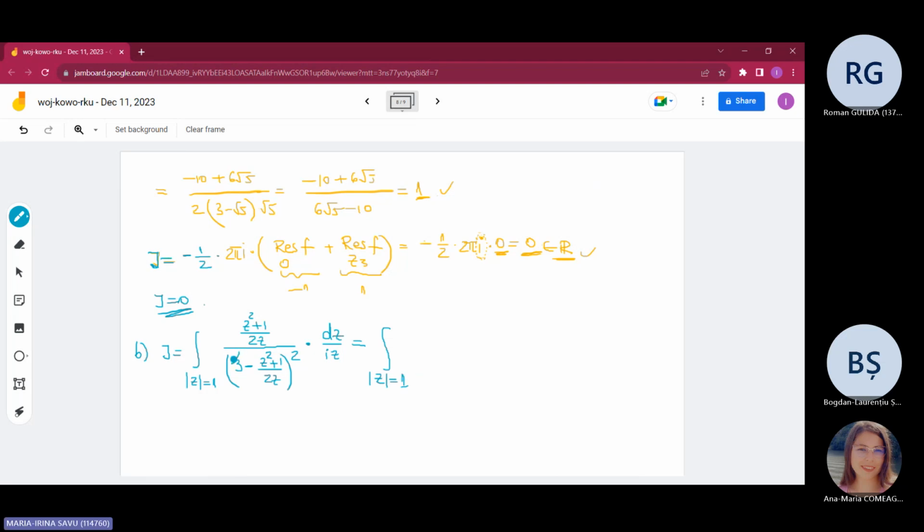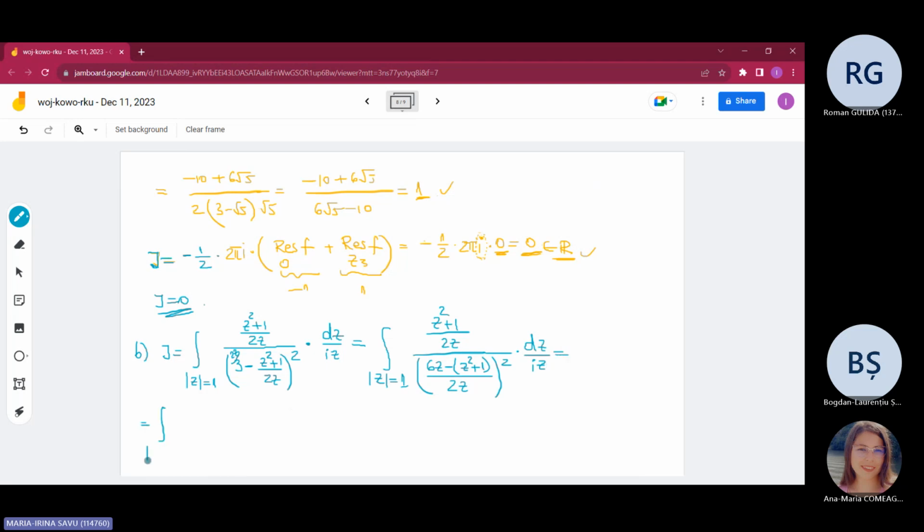Let's take a look. This will be z squared plus 1 over 2z over 6z minus z squared plus 1 over 2z, all squared, times dz over iz.